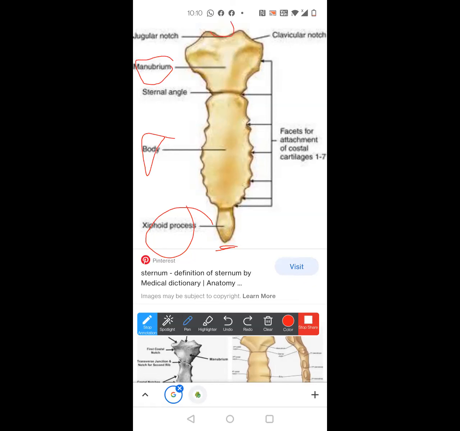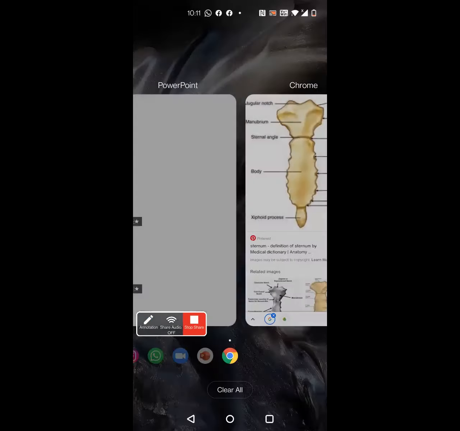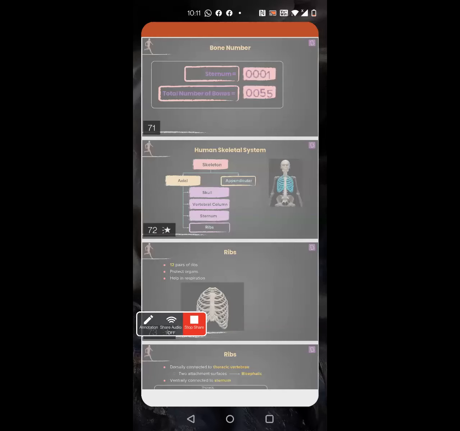The small part here is called the manubrium, and then the whole tie part is the body. The bottom tip is the xiphoid process. I don't have any clue why they named it a process. So this is the structure of the sternum.